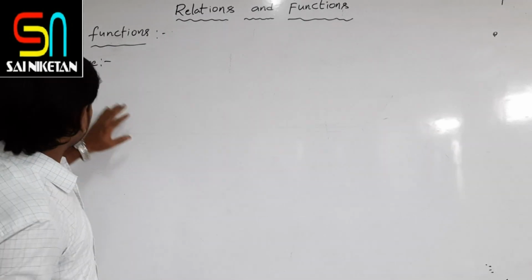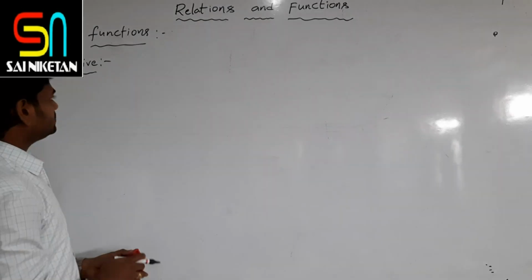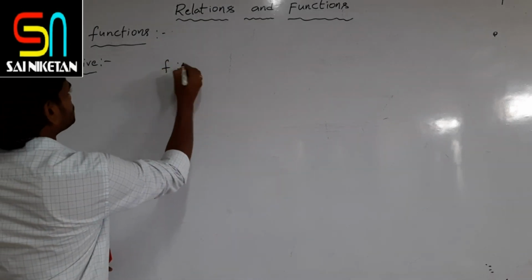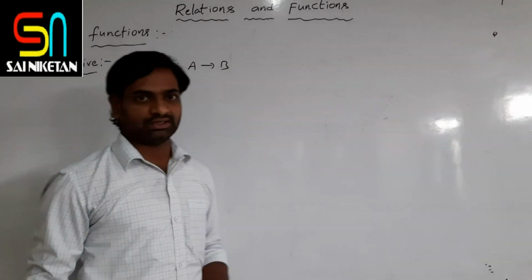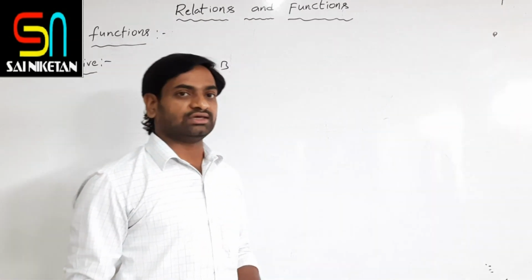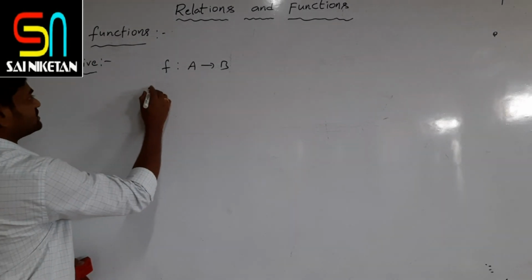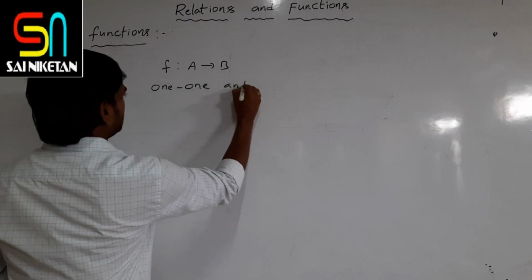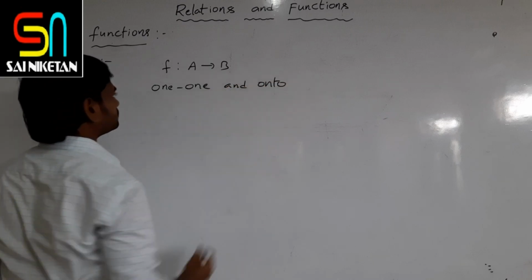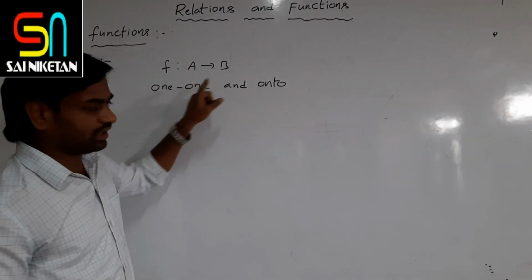Next function is bijective. Okay, see here, I am taking one function f from capital A to capital B. When can you say it is bijective? It means when this function is both one-one and onto. This function should be both one-one and onto.